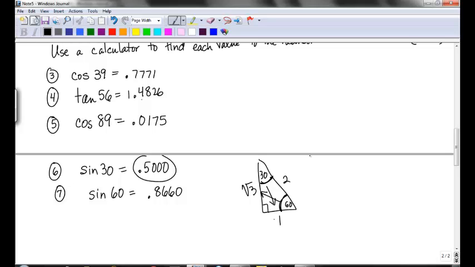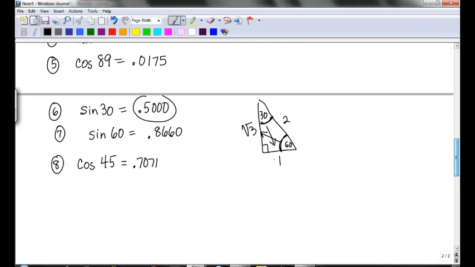Okay, so they're actually figuring that on your calculator. On number 8, figure cosine of 45. Cosine of 45, 0.7071. So on those, all you're really doing is punching them in. You have to make sure you're in degree mode. Okay? Now they will take it an extra step.